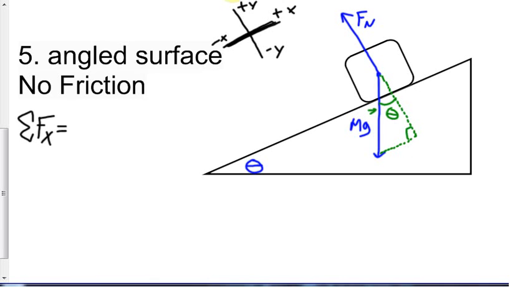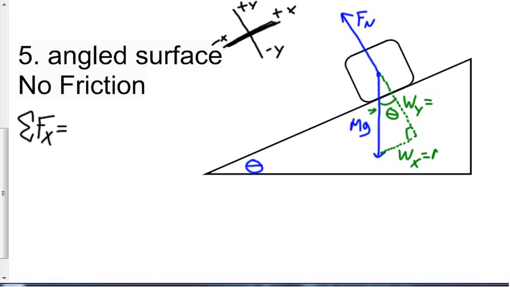Well, the blue weight is the hypotenuse. So this over here is the weight, and I'm going to abbreviate that now, W. This is the weight in the y direction, and this is the weight in the x direction. And what do those equal? Well, in the x direction, notice how this is the opposite side.